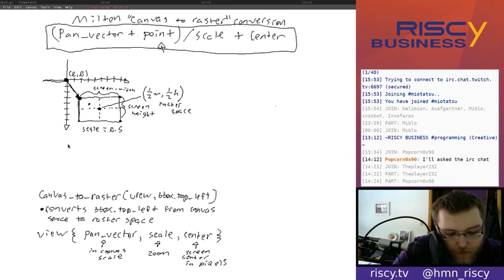So we're going to say our canvas space coordinates are 3 and 1, 2, 3, 4. Okay, so we just made up a point that we want to convert.